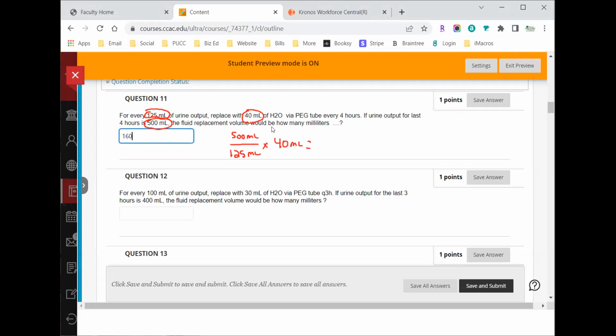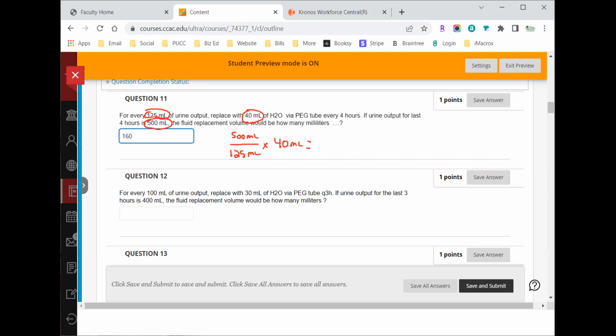Now, the only time this might get a little bit tricky is sometimes after 4 hours, the patient may have only voided 75 milliliters. If they voided less than the for-every amount of 125, that means your replacement volume is going to be less than 40. So just pay attention to that.